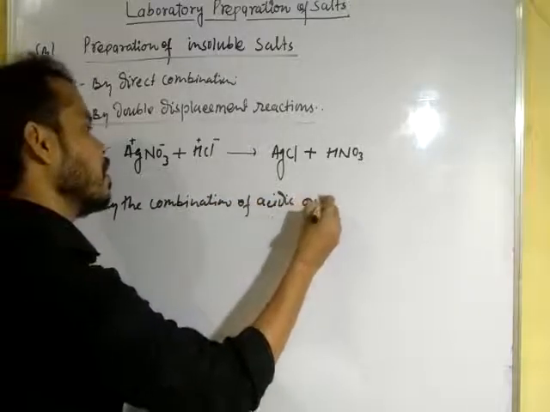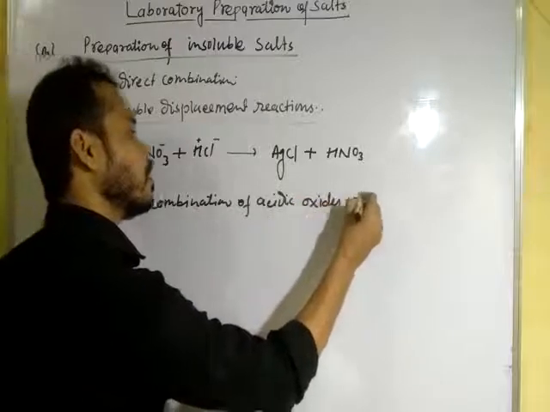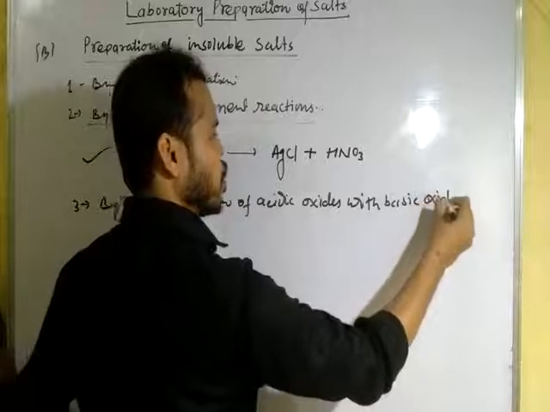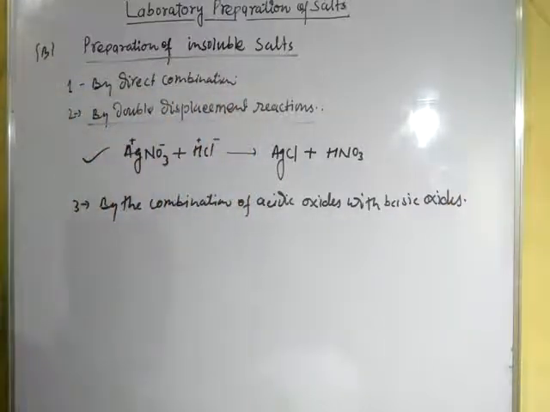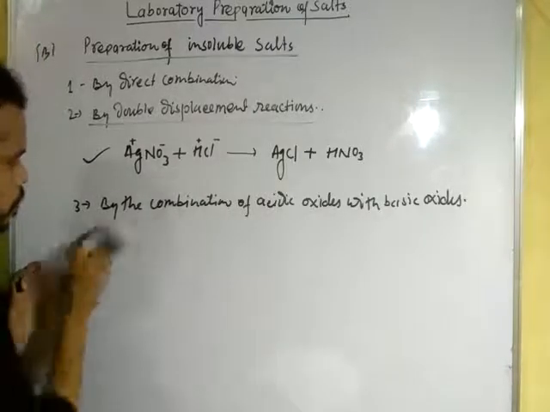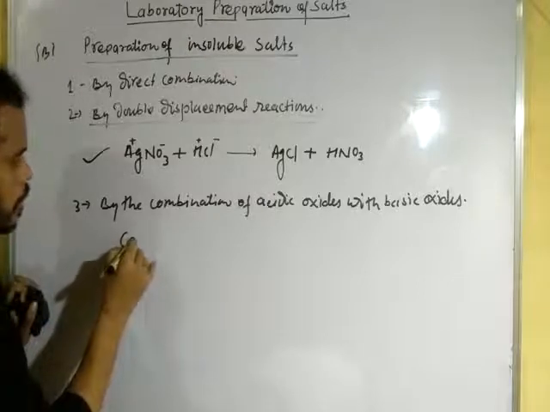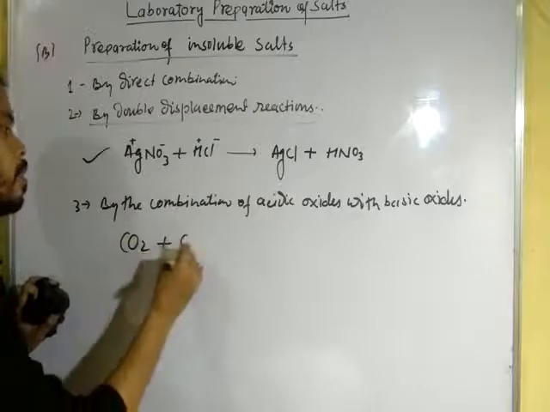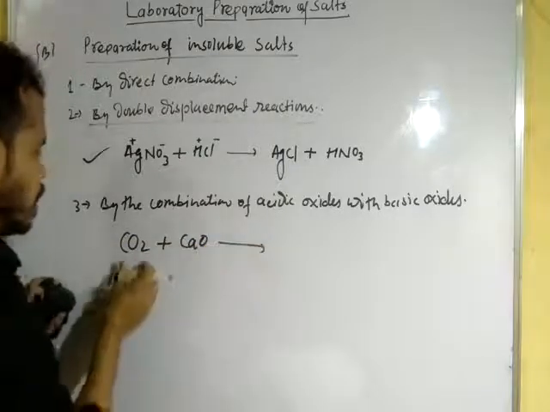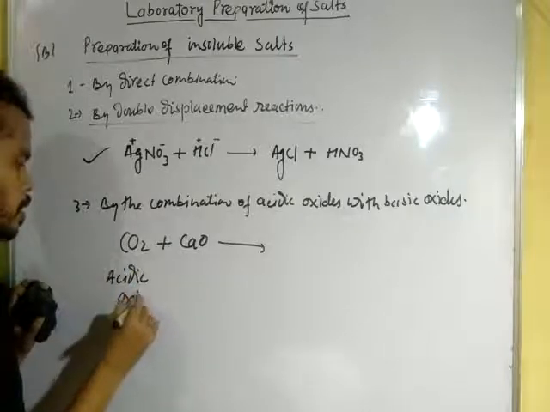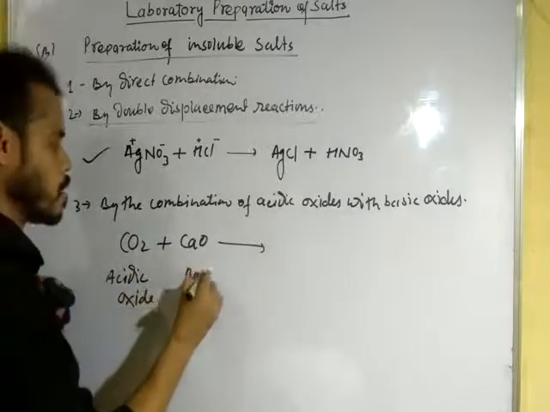Okay, dear student, once again, when carbon dioxide, CO2, is treated with calcium oxide, this is the acidic oxide and this is the basic oxide.